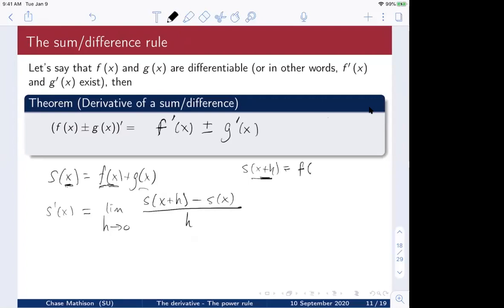So we don't know how f handles f of x plus h. I can't simplify it any more than just plugging it in: f of x plus h plus g of x plus h. Again, this s of x plus h means everywhere you see an x, you plug in x plus h.